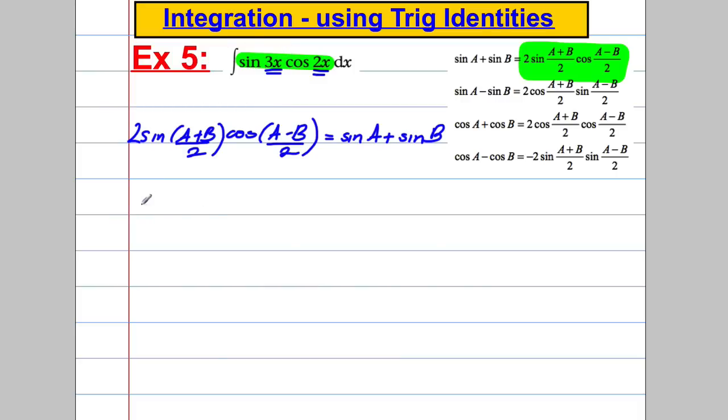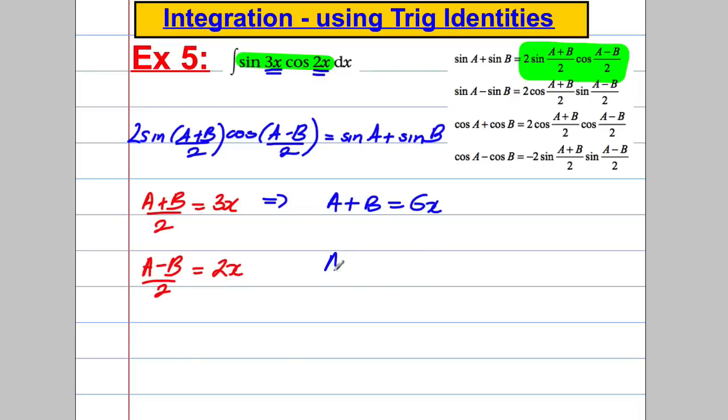Well, I want (a plus b) over 2 to equal 3x, and I want (a subtract b) over 2 to equal 2x. Let's solve these simultaneous equations to find what a and b would need to be. This would mean that a plus b would have to be equal to 6x, and a take away b would have to equal 4x.